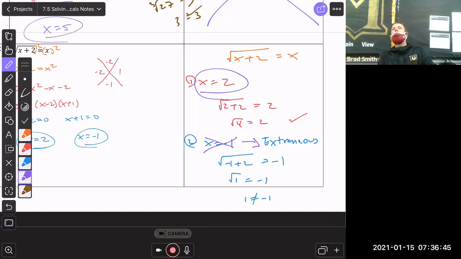So, redefining extraneous, it's a solution you get when you do everything right that just does not check back out. And usually those are going to be the case when you get 2 solutions. So when you have to factor, you're probably going to get an extraneous solution.